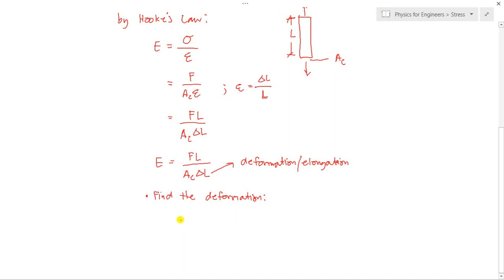We just interchange E and delta L, so delta L is equal to FL over AE. This is the formula for the deformation or elongation of a certain object subject to either tensile or compressive force. If the deformation is positive, that is tension. If it is negative, that is compression.